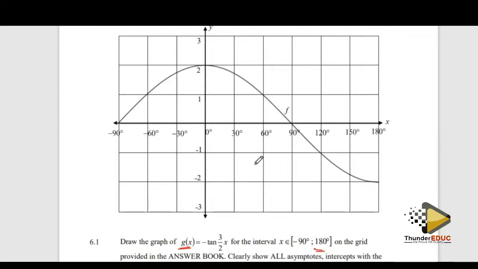What did I do wrong? Let's do it again. Table, that's the function. I'm starting at negative 90, ending at 180. Steps are 30. All right. My calculator, are you in the right mode?